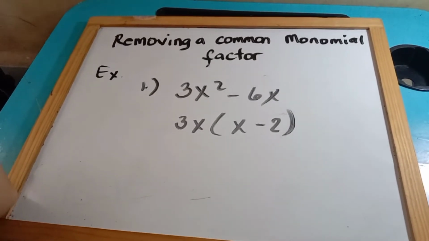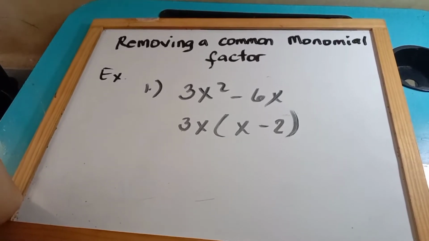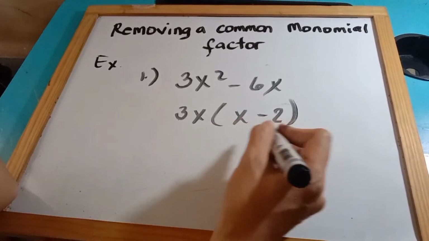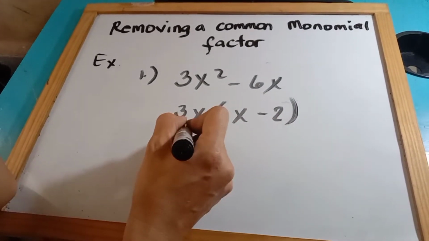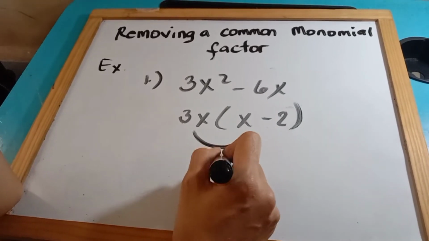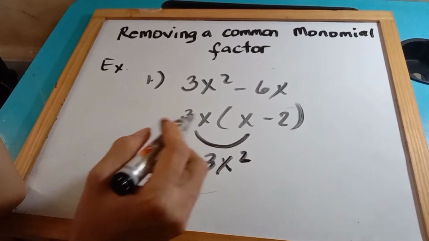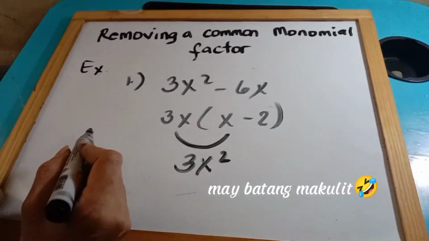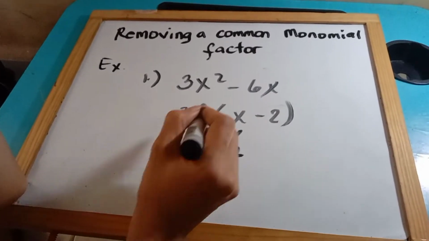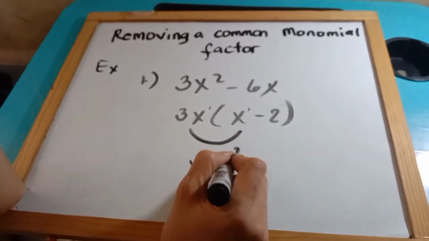Okay, so to check if our answer is correct, we simply multiply yung common factor natin dito sa term na nasa loob ng quantity. So 3x times x, that is 3x squared. So remember, kapag nagbu-multiply naman tayo, this time ina-add naman natin yung kanilang exponent. So 1 plus 1, that is 2.